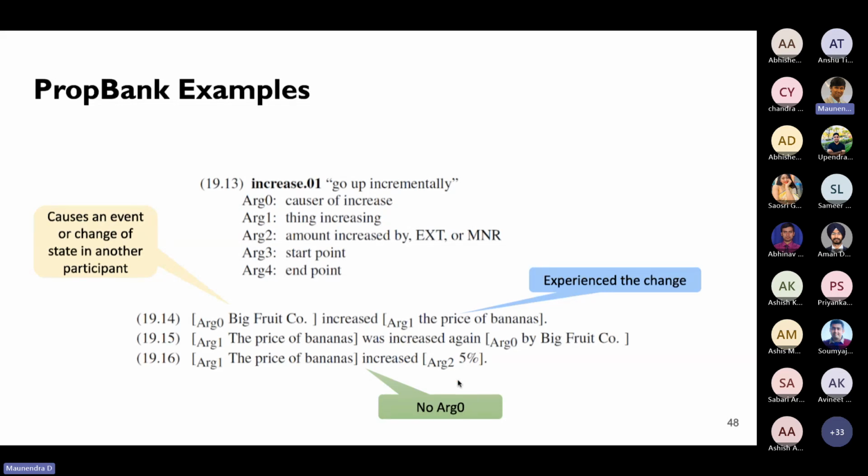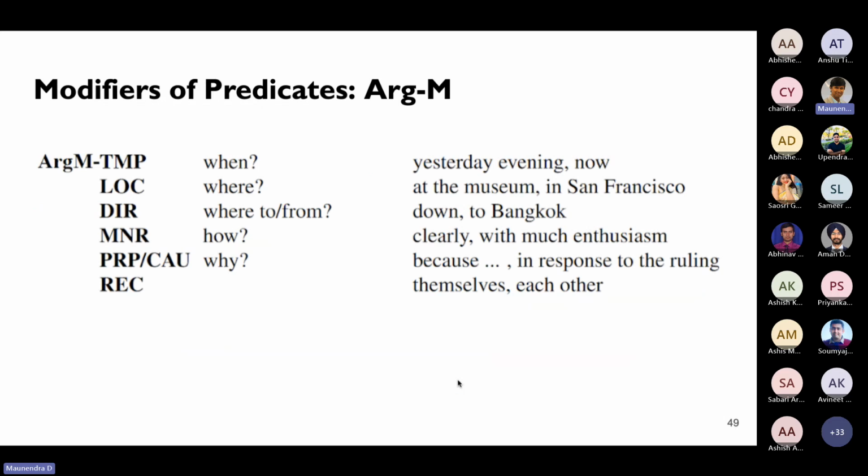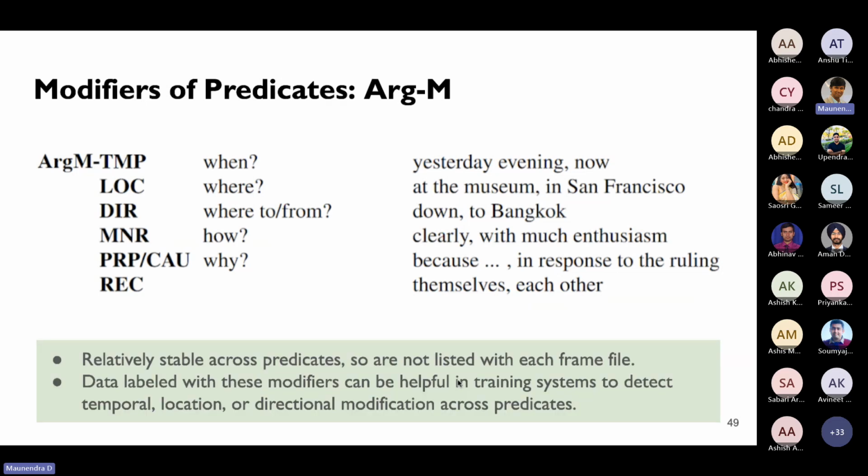Again, for this, it's essentially a classification task. One can use any classification technique for this purpose. And then you also have some additional predicates like temporal, location, and so on.